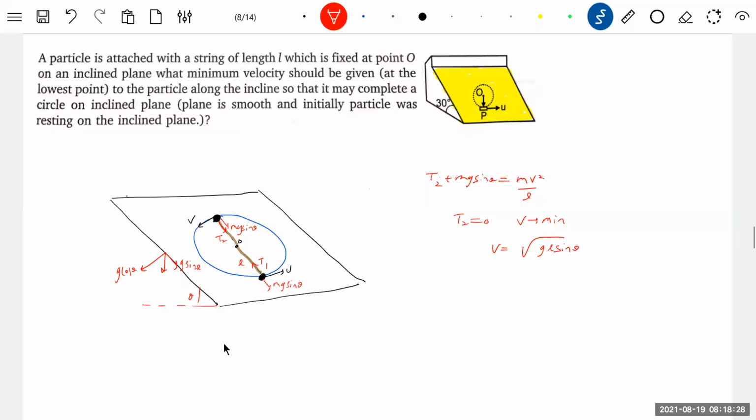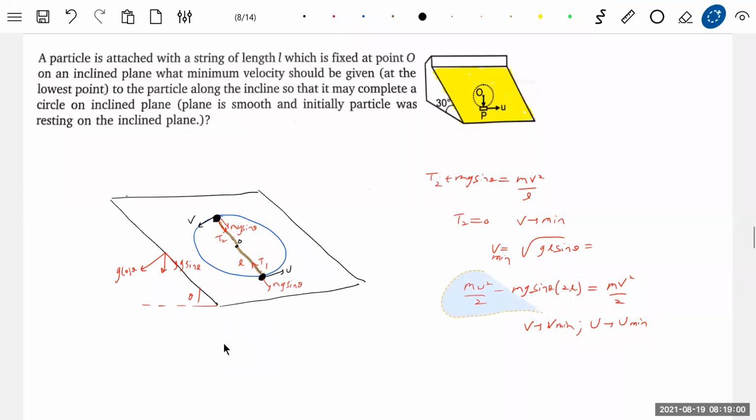Then apply conservation of mechanical energy. mu square by 2 minus mg sin theta times 2L equal to mv square by 2. When v becomes v minimum, u becomes u minimum.